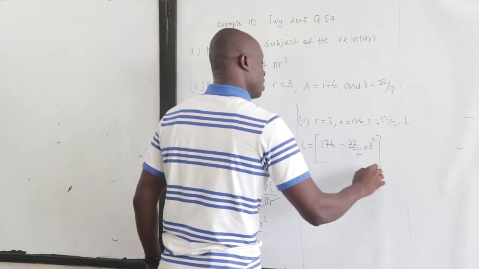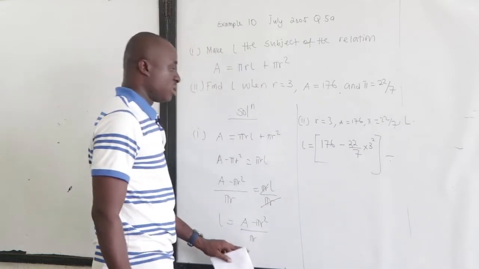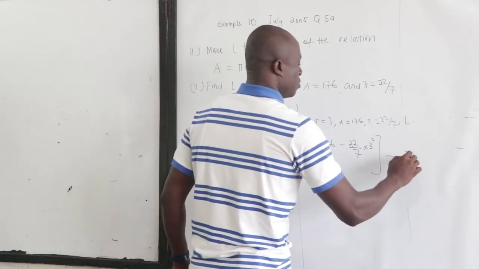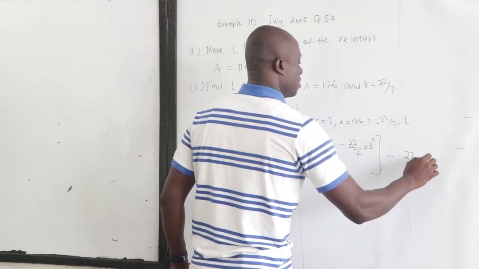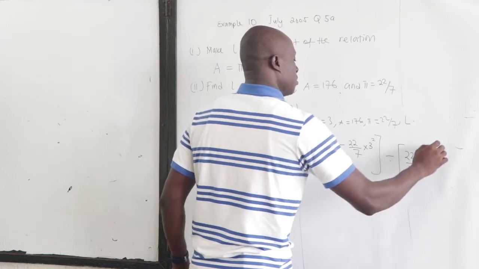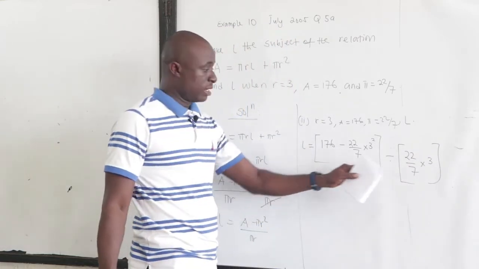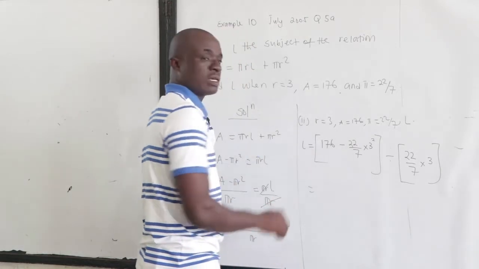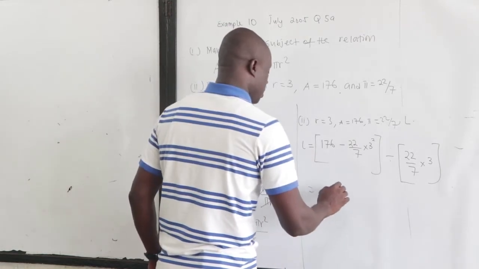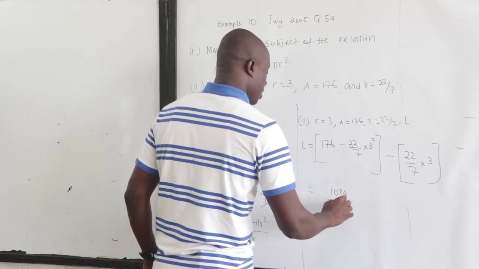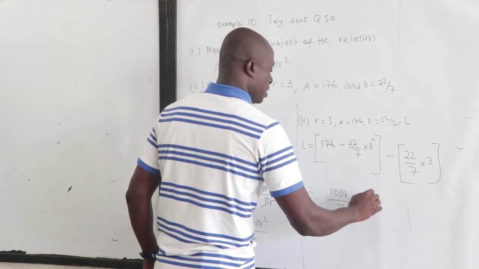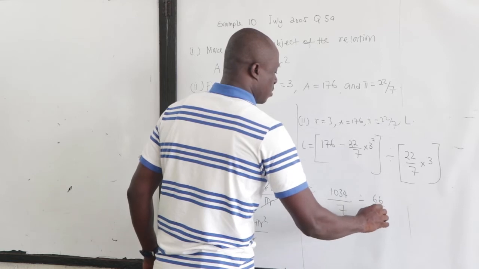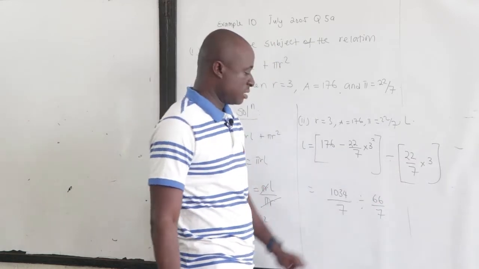Now this is the numerator divided by the denominator, pi r, that is 22 over 7 times 3. So this is the numerator, and then this is the denominator. Now computing this using the calculator, we get 1034 all over 7 divided by 66 all over 7. 22 times 3, that's 66.